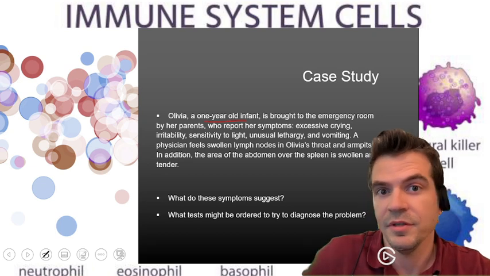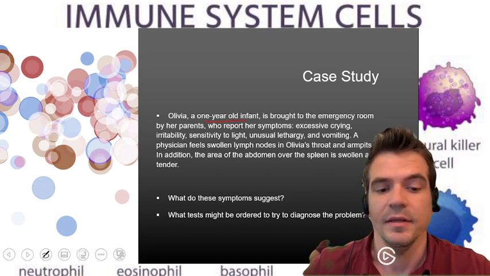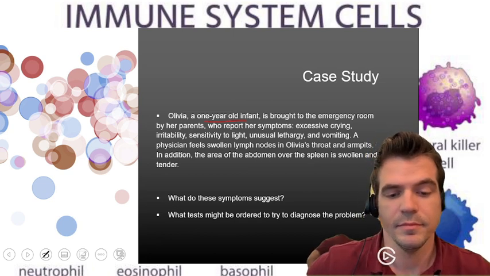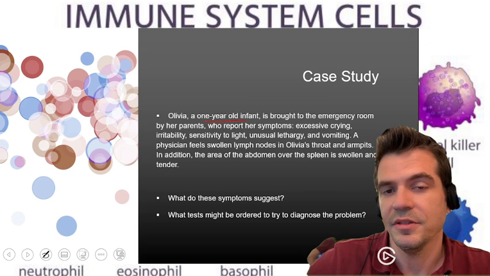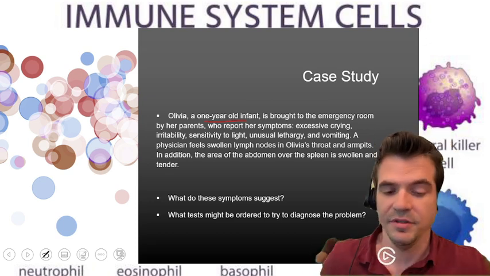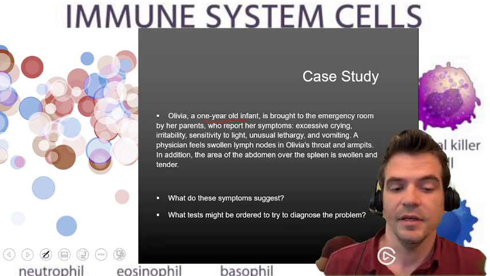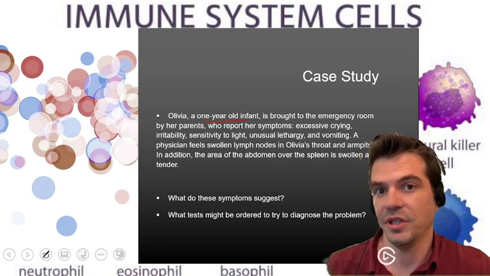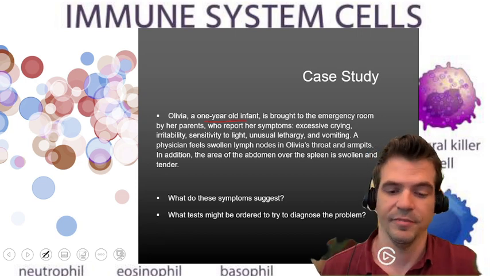A physician feels the lymph nodes swollen and tender. And so this suggests that she obviously isn't well and might have an infection because she is exhibiting signs and symptoms of an infection.